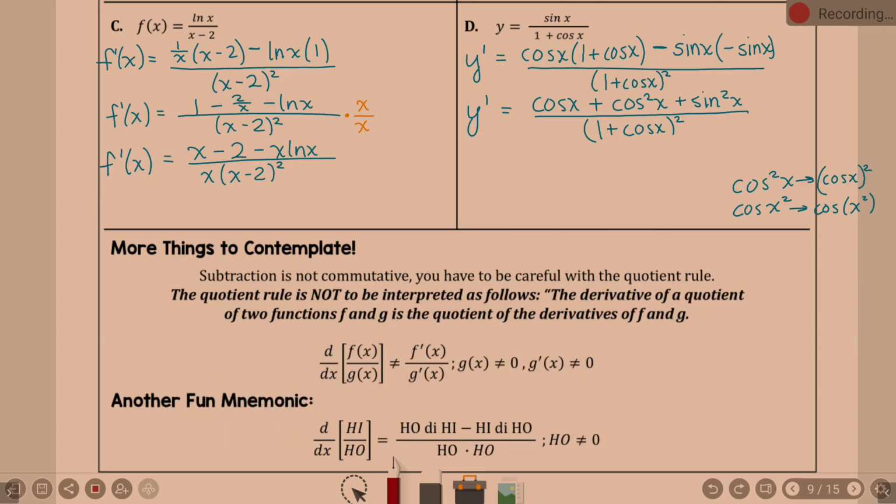Cosine squared x plus sine squared x is a Pythagorean identity, and it does indeed equal 1. With that being said, doesn't 1 plus cosine, oh, no. And then you can make it 1 over 1 plus cosine x, right?